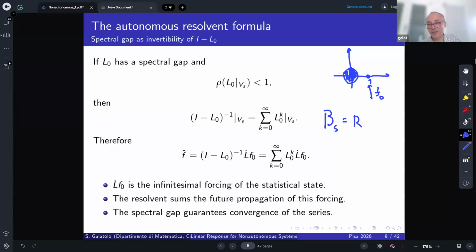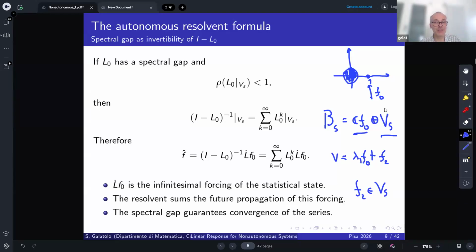It can be decomposed as a direct sum of two invariant spaces, which are the multiples of the invariant measure plus the zero average space. What I mean is that every measure can be decomposed in this way. And these two spaces are invariant.